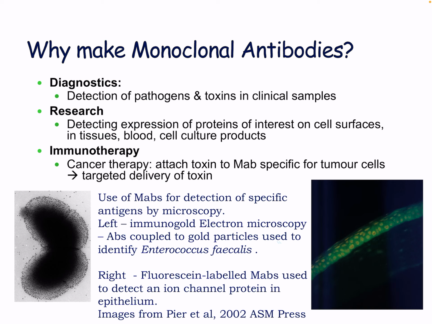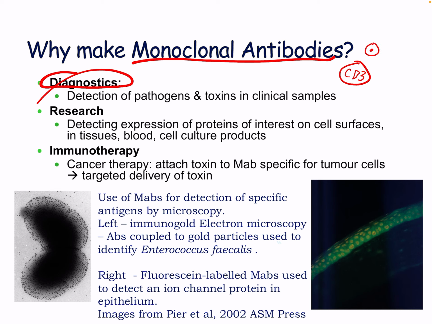So again, why make monoclonal antibodies? They're extremely important in diagnostics. Since we can make them specific for even epitopes, we can tag receptors; they don't have to act as antibodies in the sense of destroying things. For example, with CD3, we can tag it with antibodies, and we attach certain dyes or molecules that will light up when they detect it.